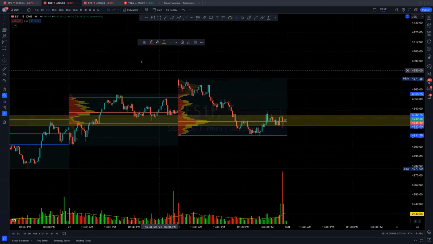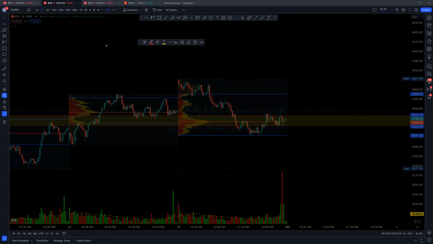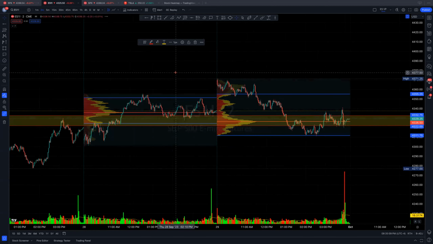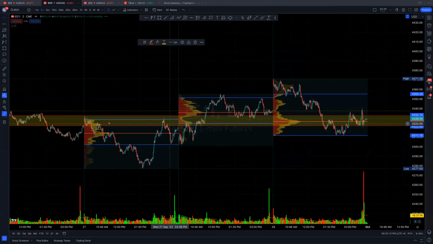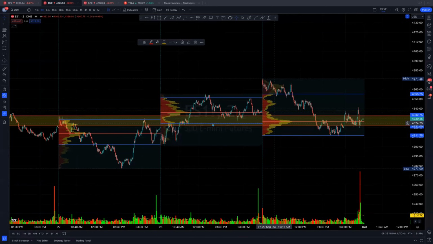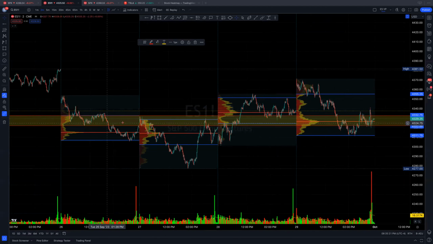Look at that. You guys see that? This is because we had a stacked area where trading is happening. Over here, we saw some chop, a lot of trading going on, not as much as here. Over here, we saw pretty fast moves, not much trading going on. Most of the trading happened here.